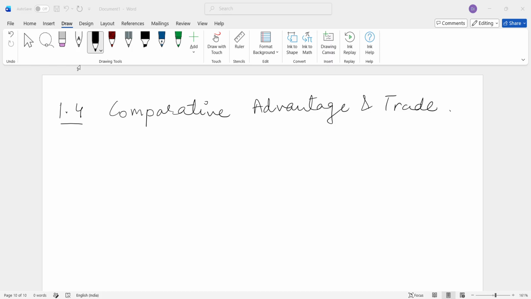If the shape had been concave, then the option would have been option B. But since it's a straight line, the resources we use for production of the two goods are interchangeable. We can easily switch resources from the production of one good to the other good.